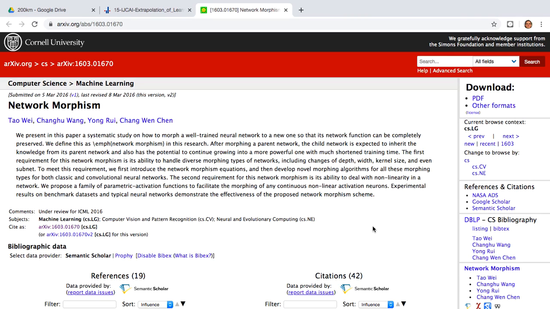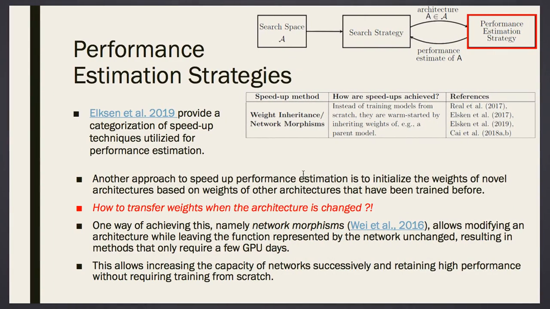It is actually a network starting from a very primitive network, a small network. It gradually grows, it morphs to a larger one. So how they achieve it is they allow modifying an architecture while leaving the function represented by the network unchanged.